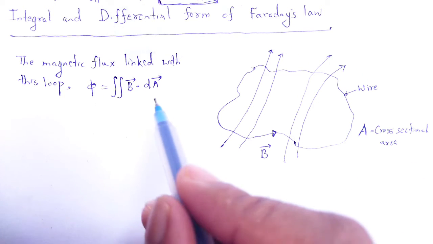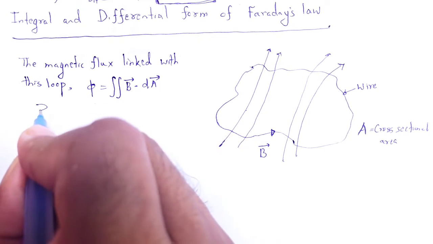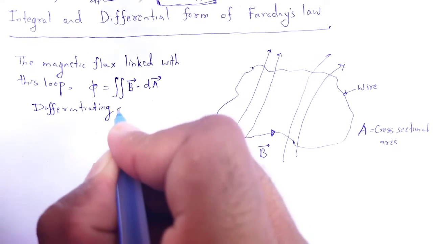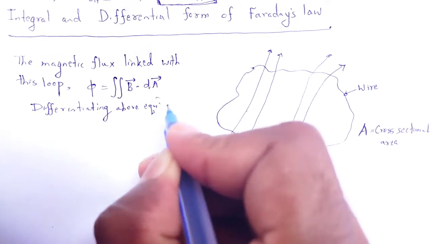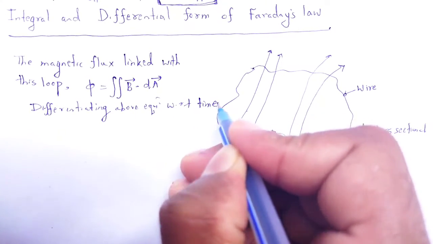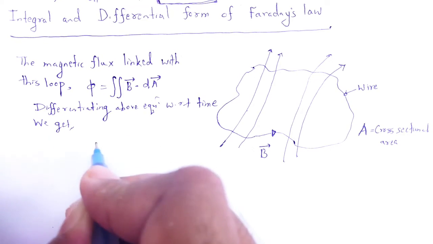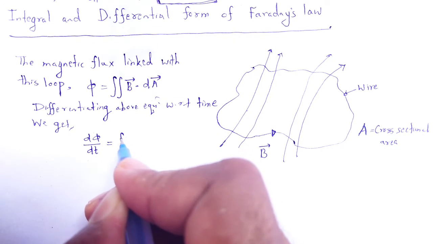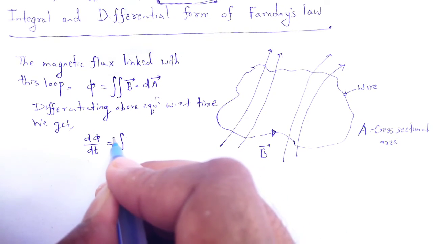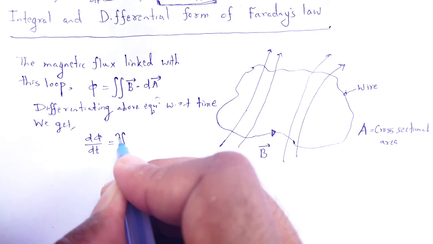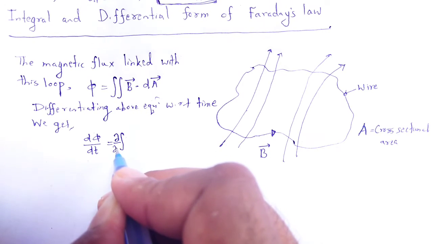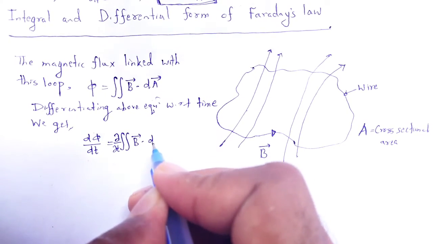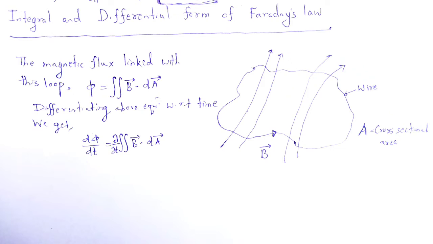Now, differentiating the above equation with respect to time, we get d phi by dt is equal to d by dt of the area integral of B dot dA.